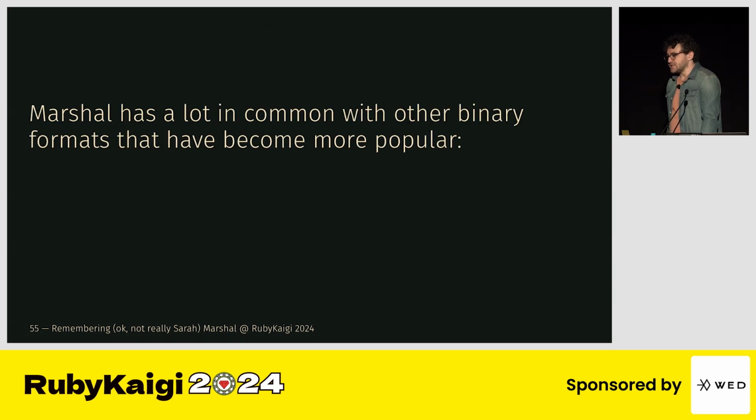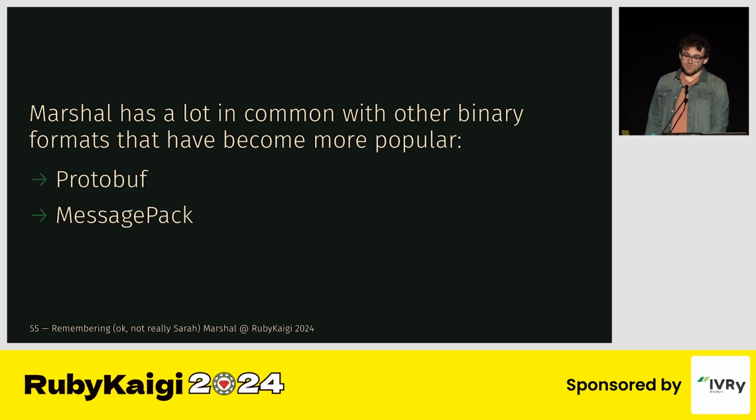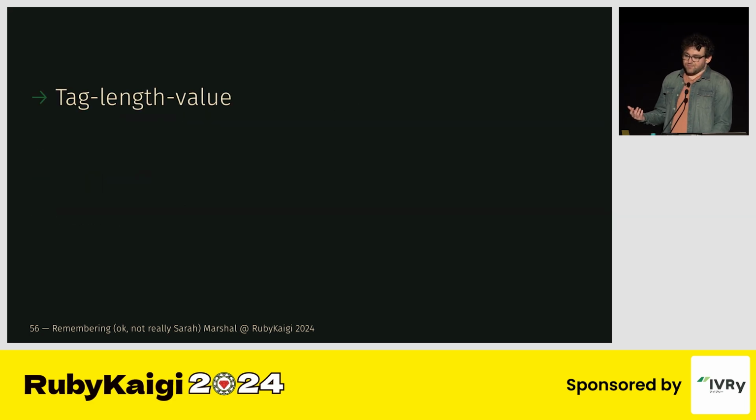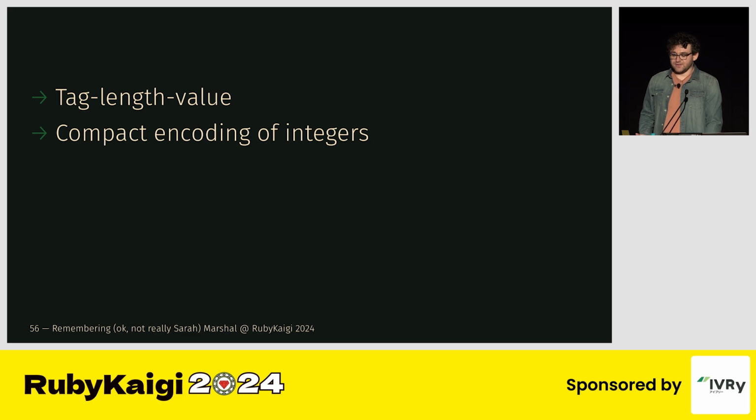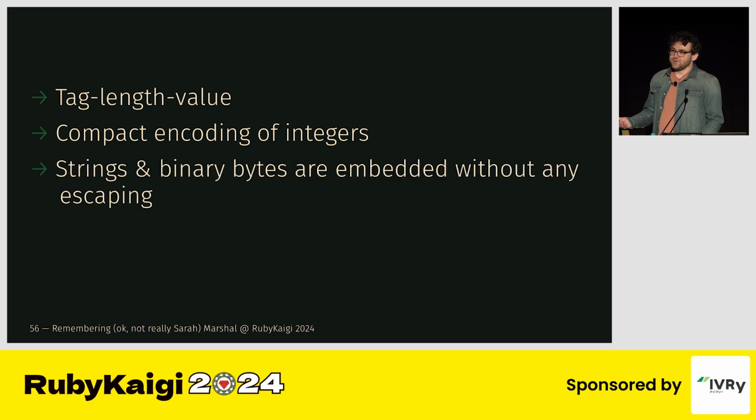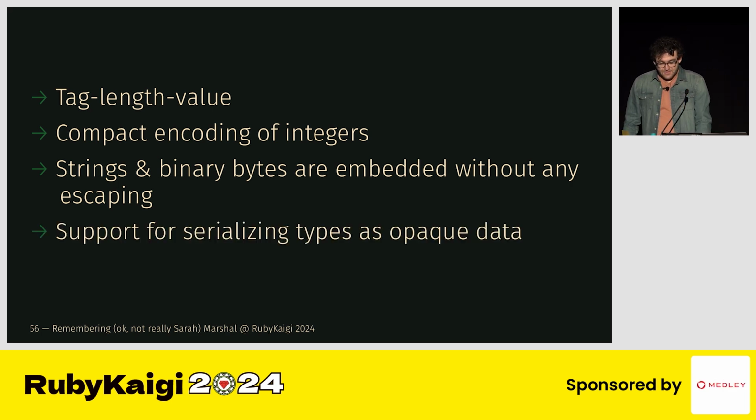Now, Marshal has a lot in common with other binary formats that have become more popular. Things like protobuf or MessagePack. It has features like being a tag length value format, has compact encoding of integers. It allows you to embed strings or binary blobs without needing to escape and unescape them.